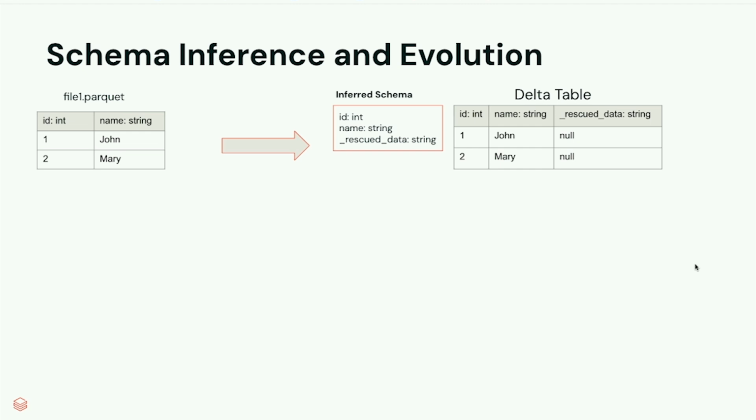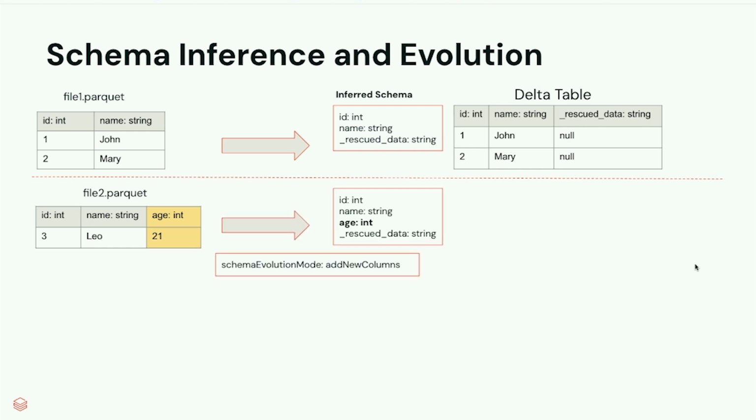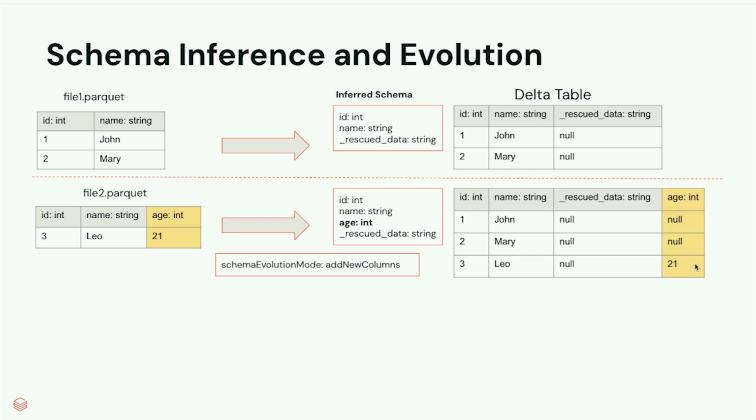But now let's say you have another source file which has a new field which was not in the previously inferred schema. So here we have this special schema evolution mode called add new columns, which will allow you to evolve your schema and then update the target Delta table with this newly added field.